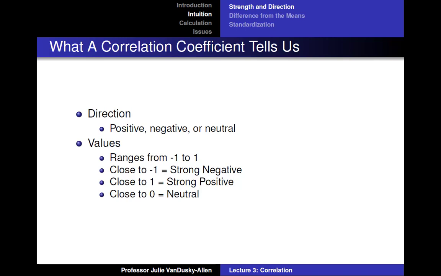In other words, as one variable increases, the other variable tends to almost always decrease. Correlation coefficients close to 1 indicate a strong positive relationship between two variables. In other words, as one variable increases, the other variable tends to almost always increase as well. Correlation coefficients close to 0 indicate that as one variable increases, the other variable does not change.